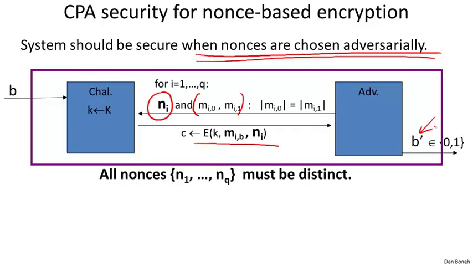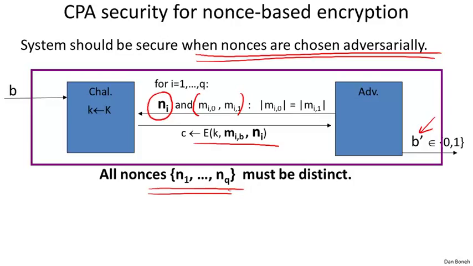Now, the only restriction, of course, which is crucial, is that although the adversary gets to choose the nonces, he's restricted to choosing distinct nonces. The reason we force him to choose distinct nonces is because that's the requirement in practice. Even if the adversary fools Alice into encrypting multiple messages for him, Alice will never use the same nonce again.